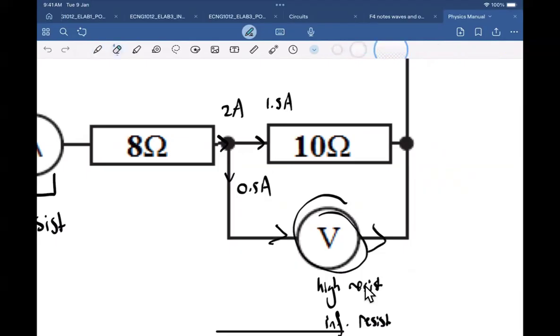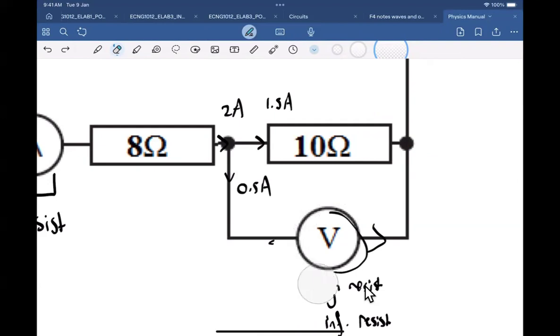But if something has a high resistance, what will it do to the current? Justin, if you squeeze the hose hard enough, what happens to the water? It will stop flowing.